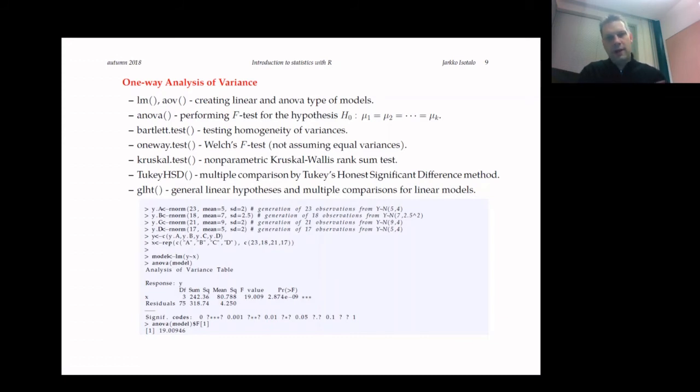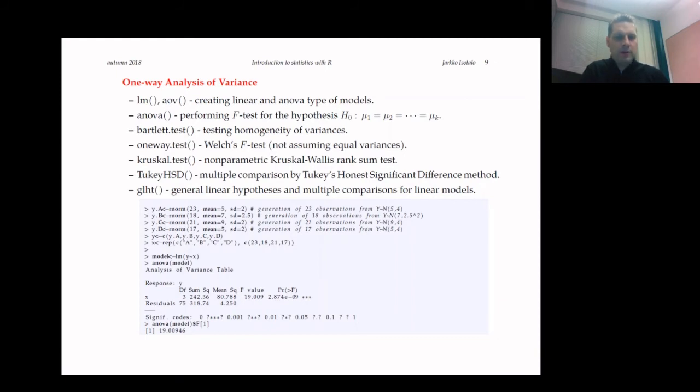However, if for some subpopulation the population mean diverges from the others, then we would reject this null hypothesis and we would say that the x variable has an effect on the average level of the response variable.